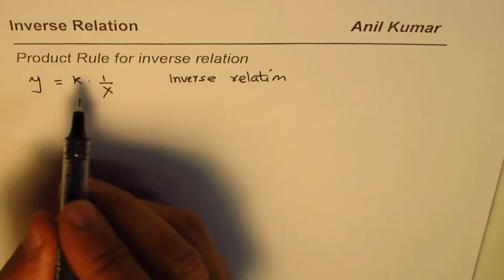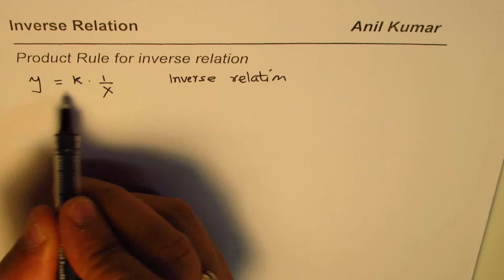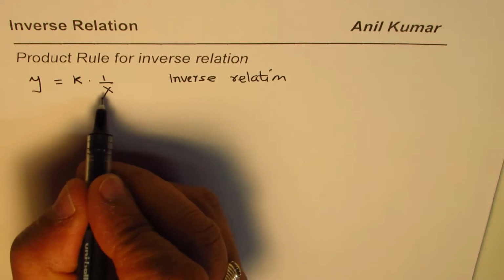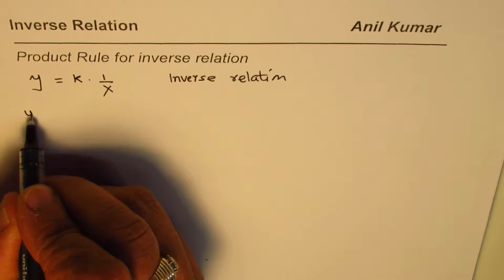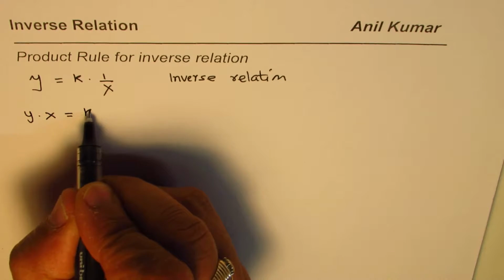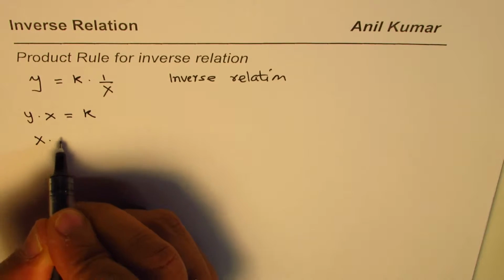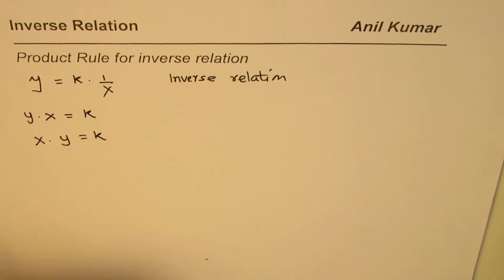Now, from this relation, we can rearrange this equation and cross multiply. So we get y times x equals k, or we could write this as x times y equals a constant.